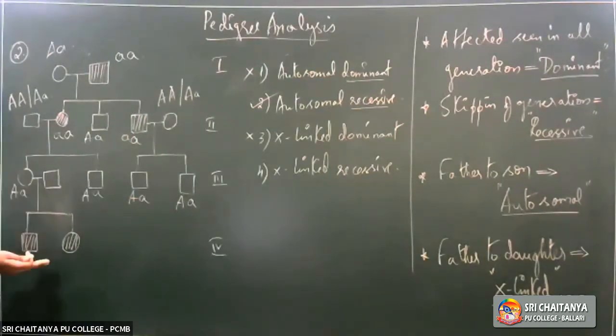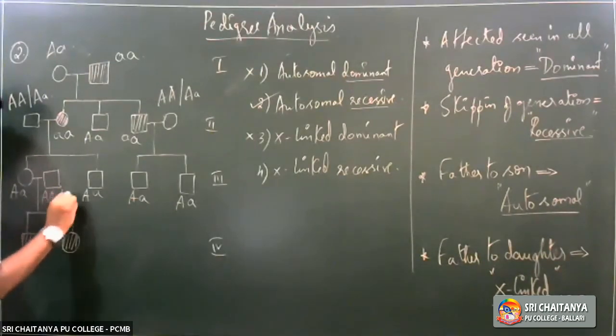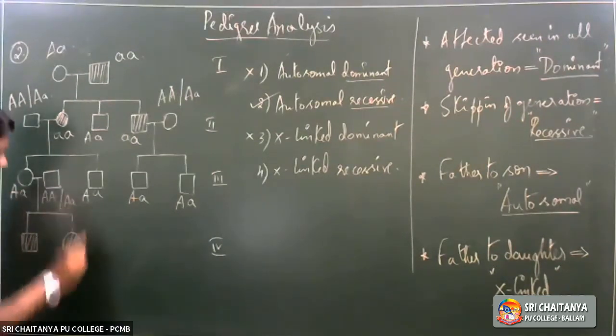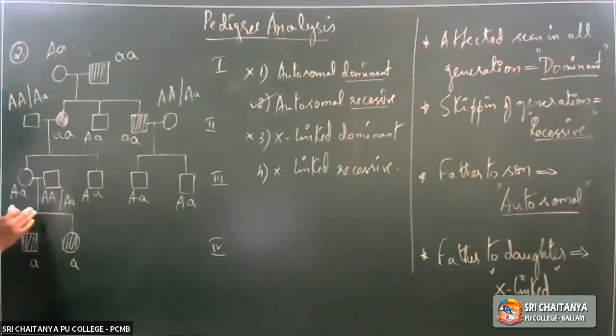Talking about the genotypes in the fourth generation. In the third generation, we have seen that a normal woman, which is said to be a carrier, marries a normal man. So when we say normal man, man would be either capital A capital A or capital A small a. Now we said that both the children are affected here in the last generation. So definitely small a should come from the father here, and from here also it should be small a only coming.